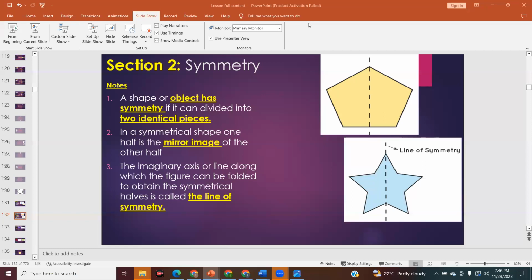Thank you. Stene, are you there? Where's Stene? Yes, sir. What do we mean when we say an object has symmetry? Again, what do we mean when we say an object has symmetry? Stene.